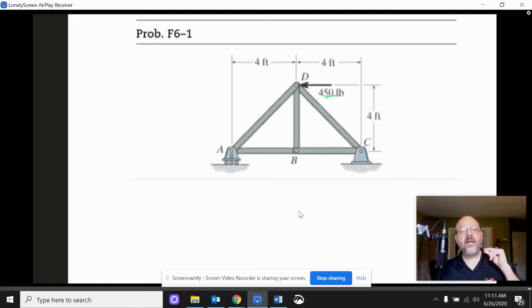In other words, that's what the supports are doing. So we have an applied external force at D, but we're going to have a reactive force from the supports at A and C. Nothing from the outside touches B. So when we think about the external forces, we don't deal with D at all.